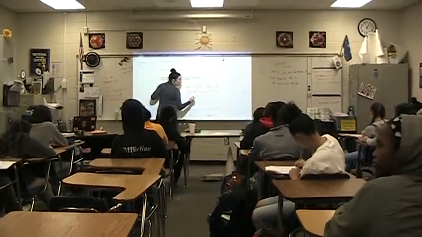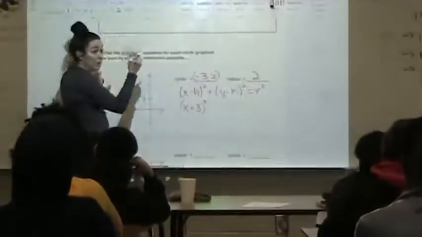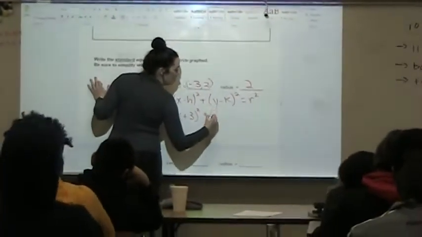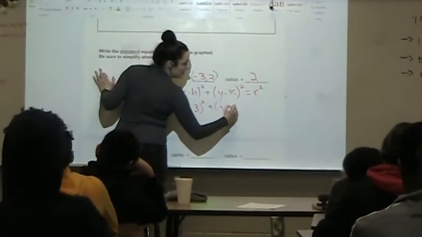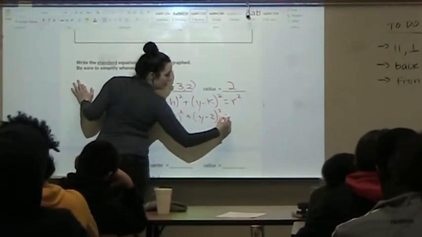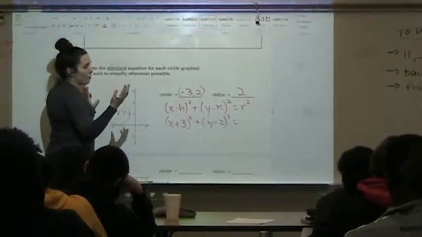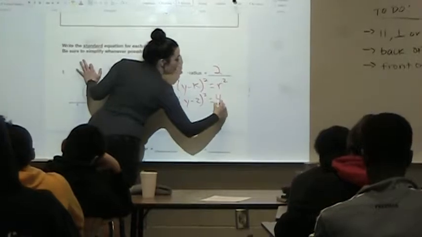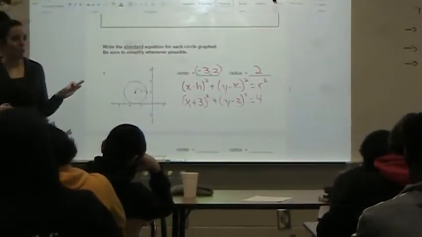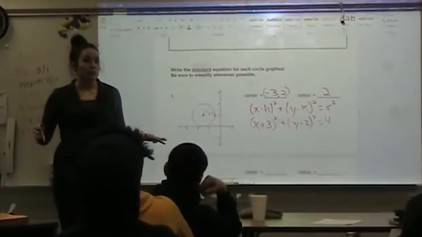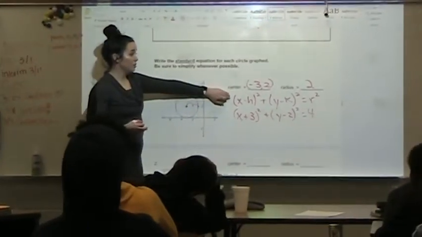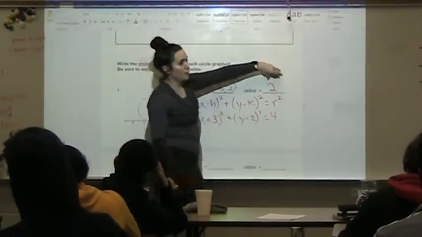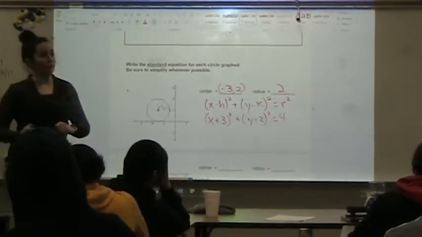Why did I write plus? Negative times a negative is a positive. Okay, cool. So, (y minus 2) squared equals, what's my r squared? 2 squared, which is 4. That's it. So you take your equation, you substitute in the center for h and k, you substitute in the radius for r. Simple enough?